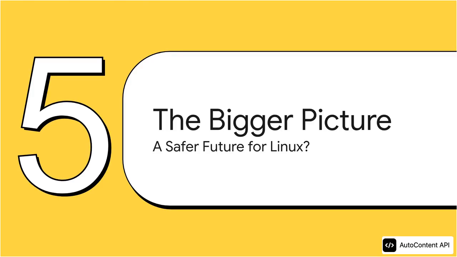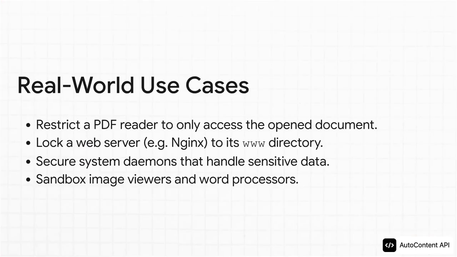So let's zoom out for a second and look at the bigger picture. Because this isn't just some neat little technical tool for developers, it genuinely has the potential to create a much, much safer ecosystem for all of us Linux users. Just think about the practical day-to-day implications. Your PDF reader could be restricted to only reading the single PDF file you opened and literally nothing else on your system.